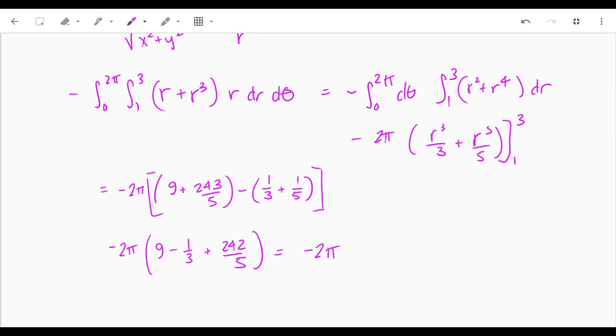Common denominator of 15. 9 times 15 would be 135 over 15, minus 5 over 15, plus 3 times 242, which would be 726 over 15.